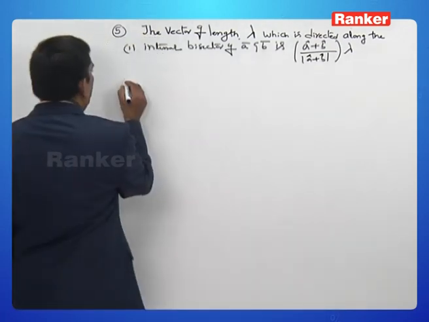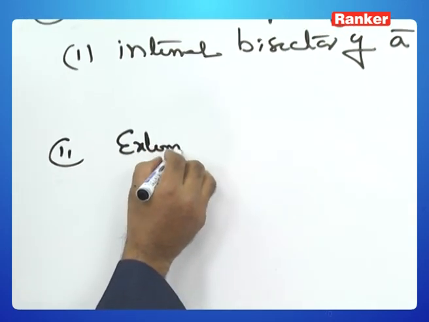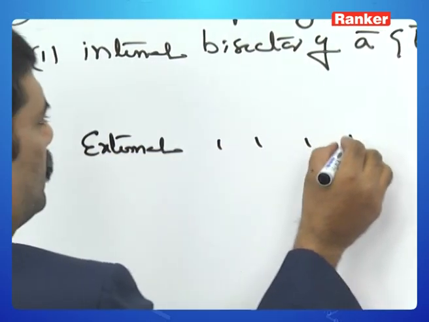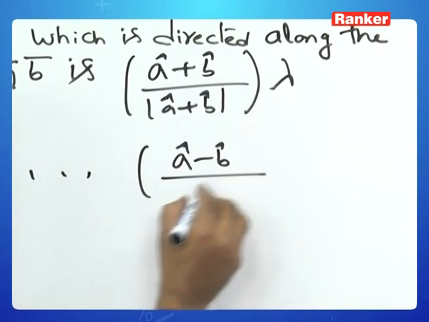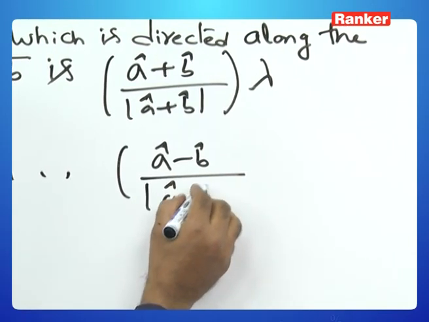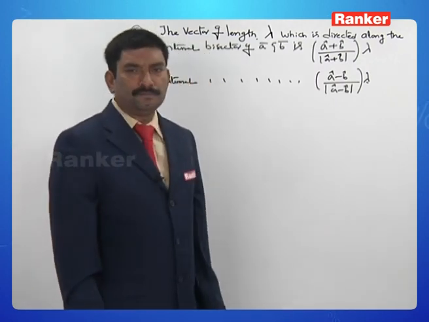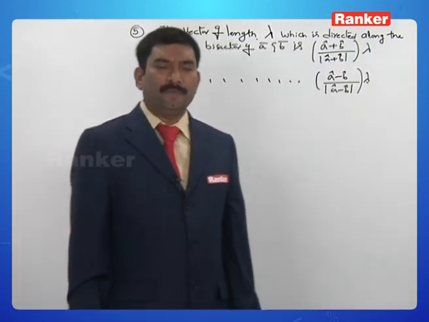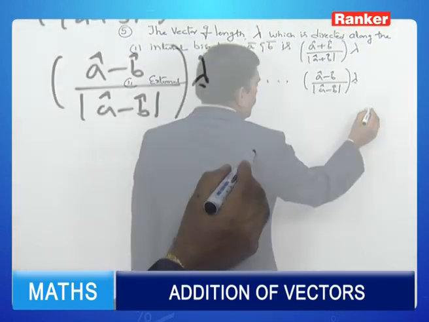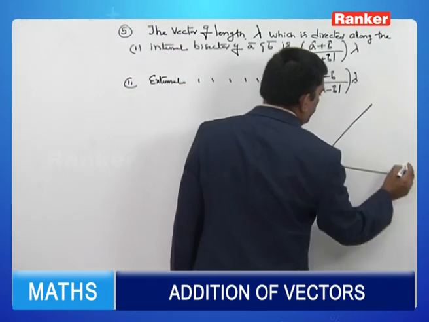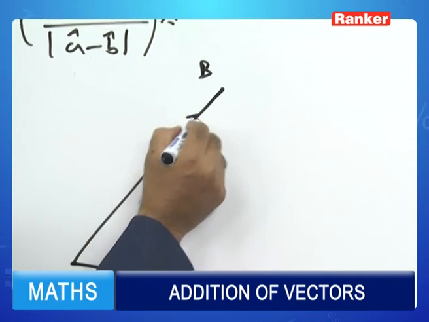Similarly, the second one is along external bisector, is A cap minus B cap by modulus of A cap minus B cap into lambda. Let us see how. Now I will write this one as, this is the vector. I can write this is A bar, I can write B bar.